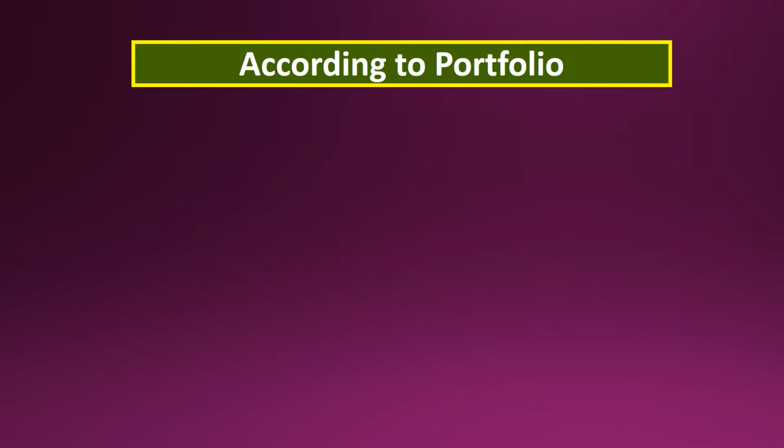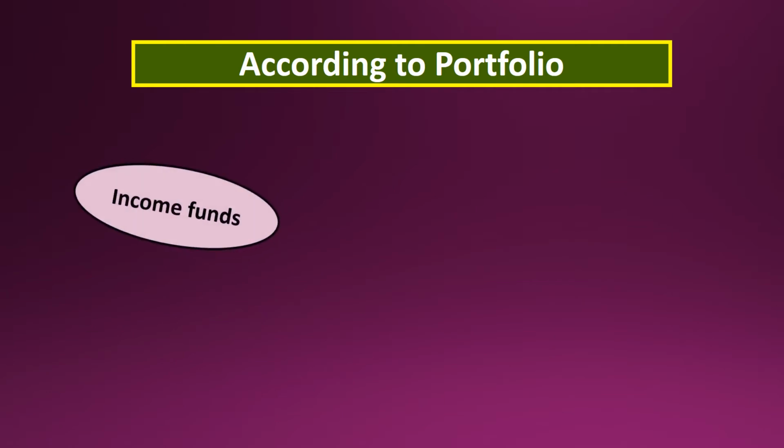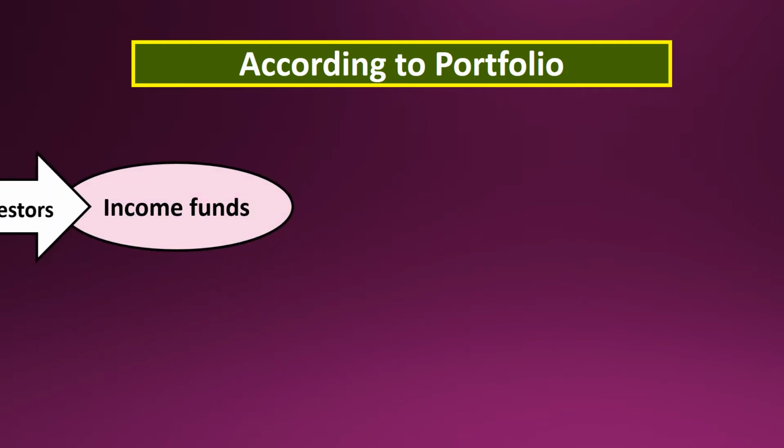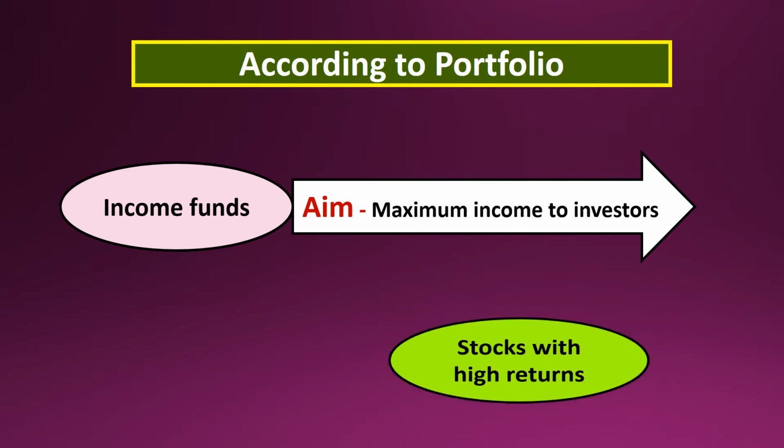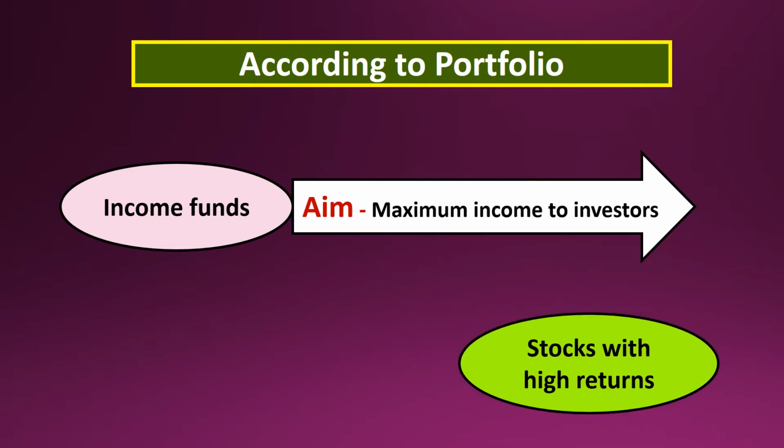Let us take income funds. These funds aim at providing maximum return or maximum income to the investors. That is the specialty of income funds. They invest in stocks yielding higher returns, and capital appreciation is of small importance.